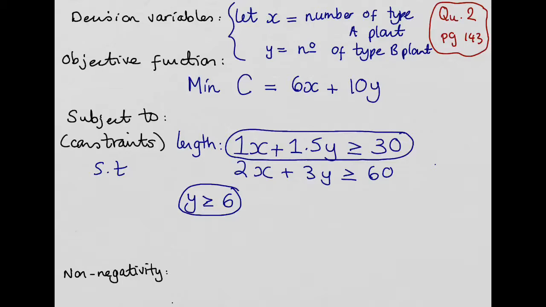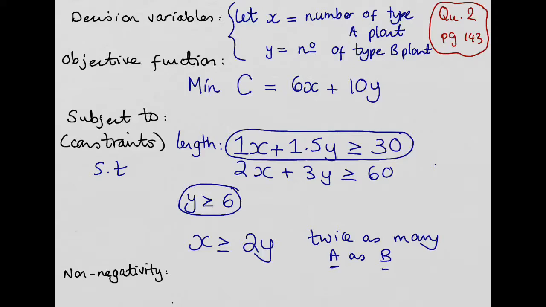So, have a real think about it. I sometimes like to put numbers in as well to make it a little bit easier. So x is greater than or equal to 2y. So this is, we want twice as many A as we do B. So that's my x and that's my y. I sometimes put numbers in, like I said, to help me out a little bit. So if I put a 3 in there, 2 times 3 is obviously 6.